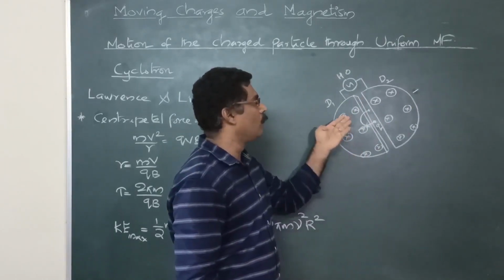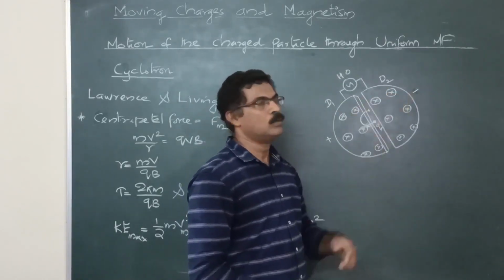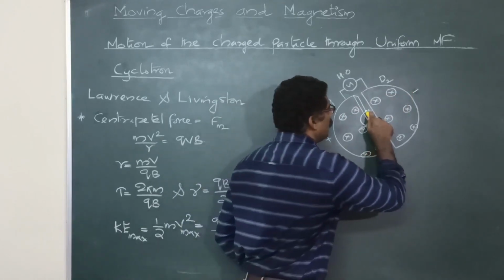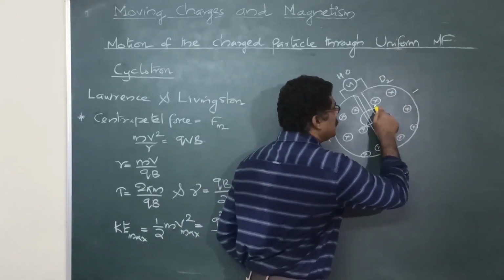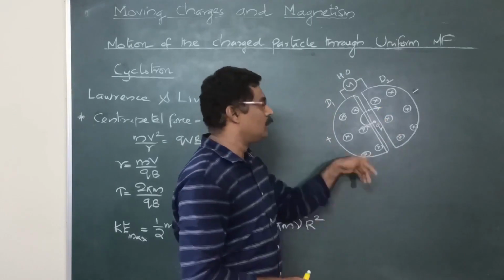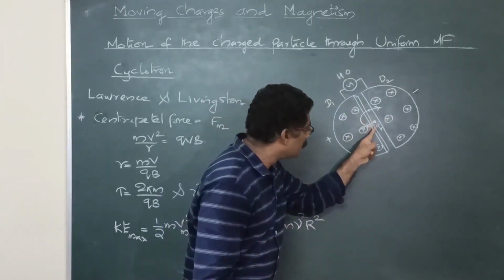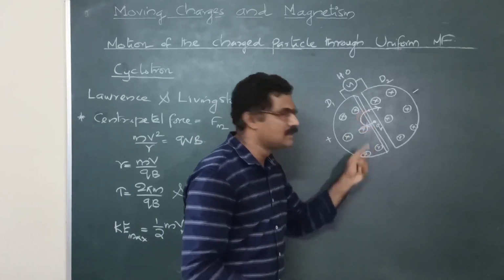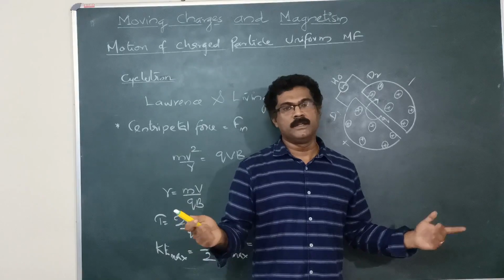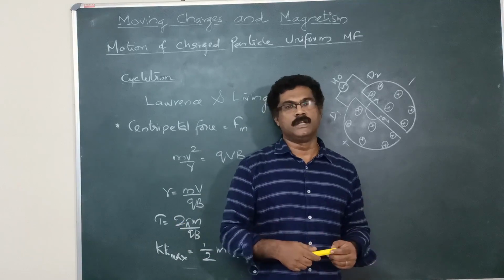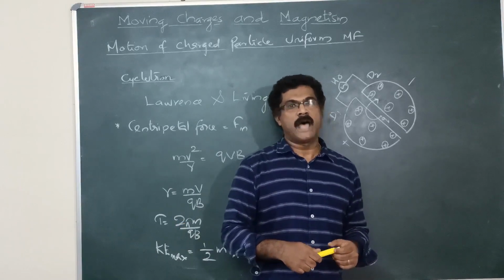Then the charged particle will accelerate into D2 and it will enter inside D2 with a higher velocity. Inside the Ds, there is no change in speed, but there is a change in velocity due to the change in direction.